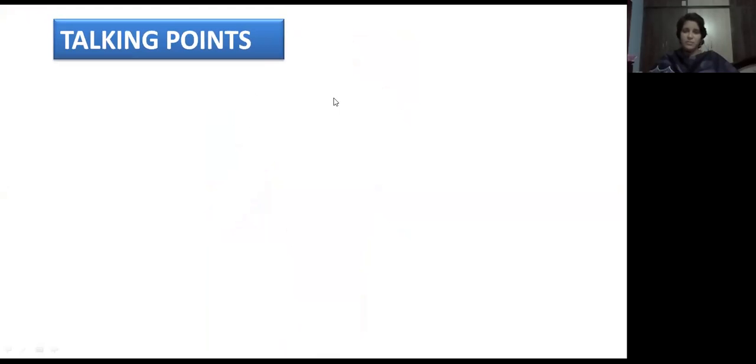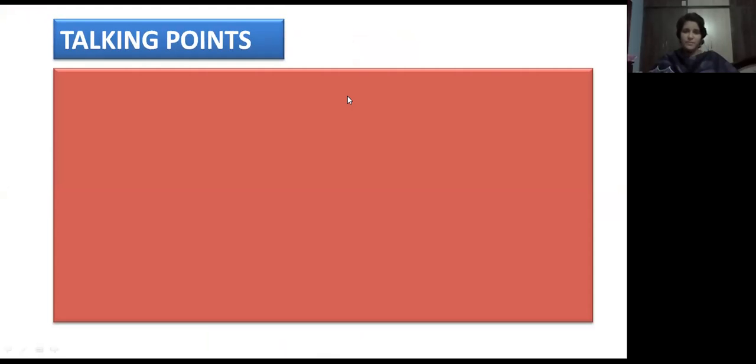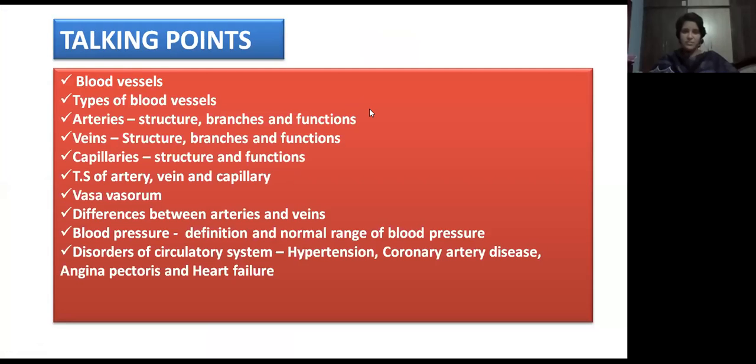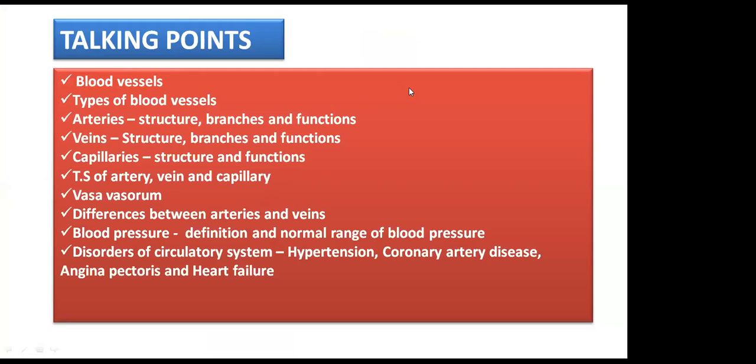Today our talking points are: arteries, their structure, branches and functions; veins, structure, branches and functions; capillaries, structure and functions; tiers of artery, vein and capillary; vasa vasorum; differences between arteries and veins; and blood pressure.